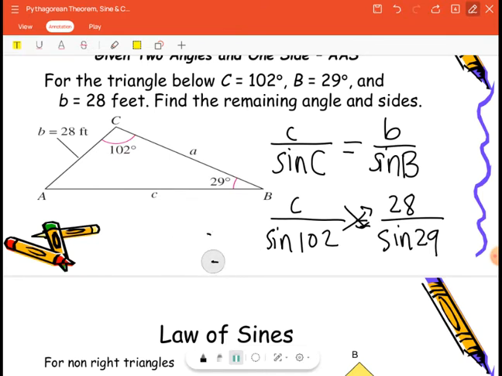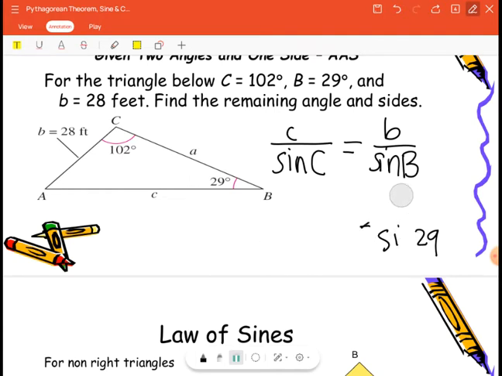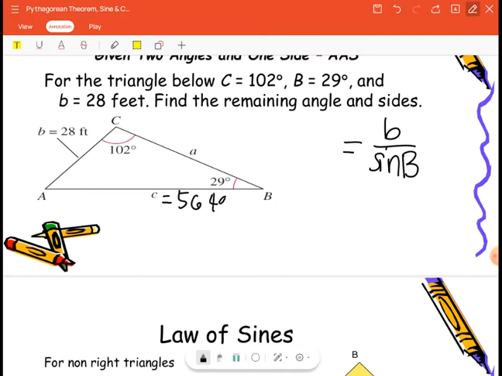Yung parang nagre-ratio and proportion ka lang naman dito, ano. And then cross multiply. Ayan, ito na lang yung gagamitin natin, ano. So, yung side C natin ay 56.49. Okay? So, di ba ito, yung angle A natin ay wala siyang value.